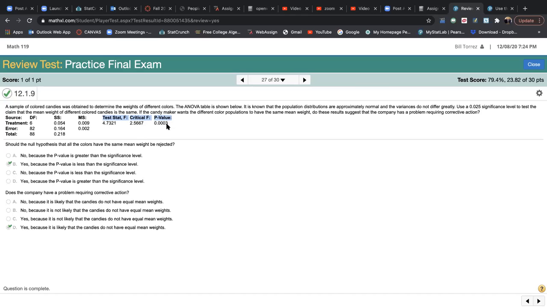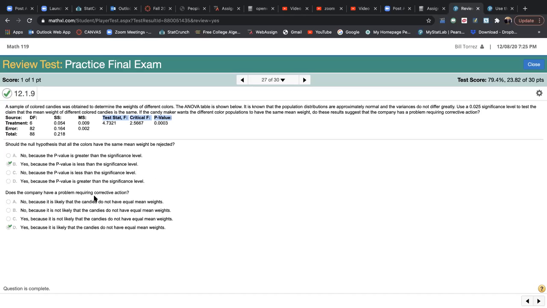It's 0.0003. Our alpha is 0.025, and certainly p is less than alpha. So that would indicate that we would reject. So should the null hypothesis that all the colors have the same mean weight be rejected? Yes, that's B, because the p-value is less than the significance level.